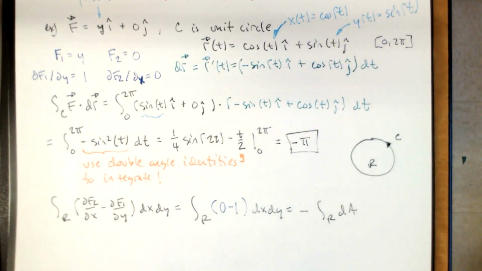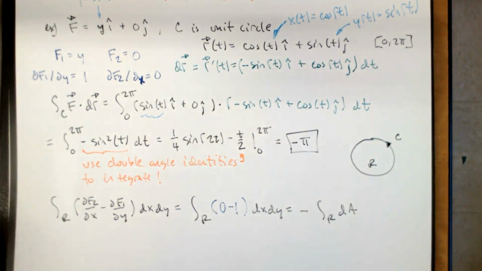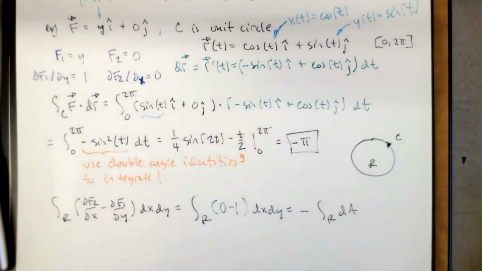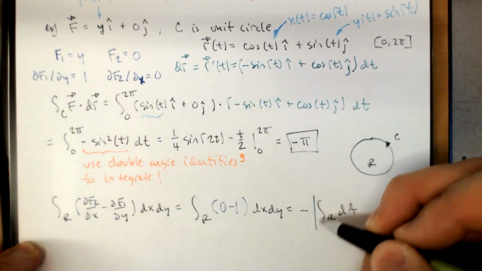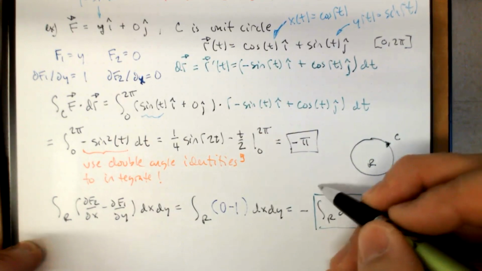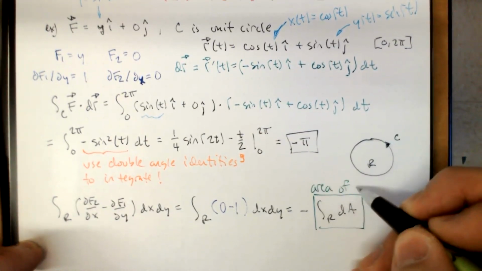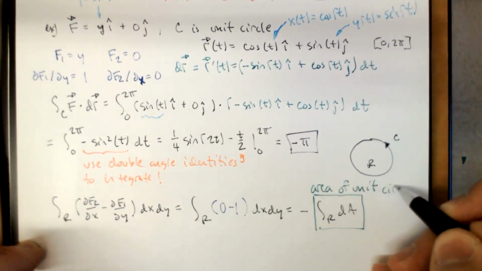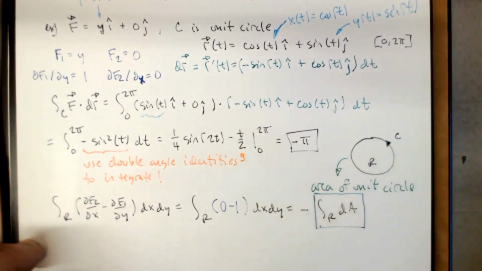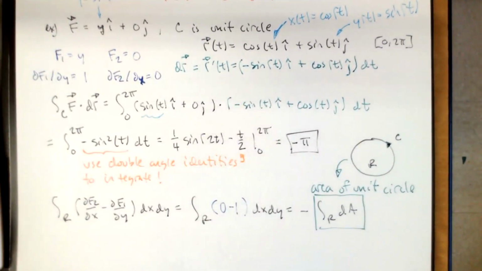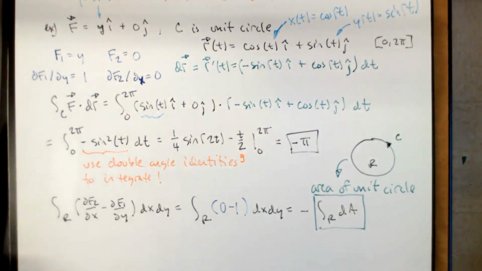So we're integrating over R just 1 dA, and this is going to be the area of the circle. It's a unit circle, radius of 1, so the area is pi times 1 squared, or pi, times the -1 we get from the scalar curl, we get negative pi as well.